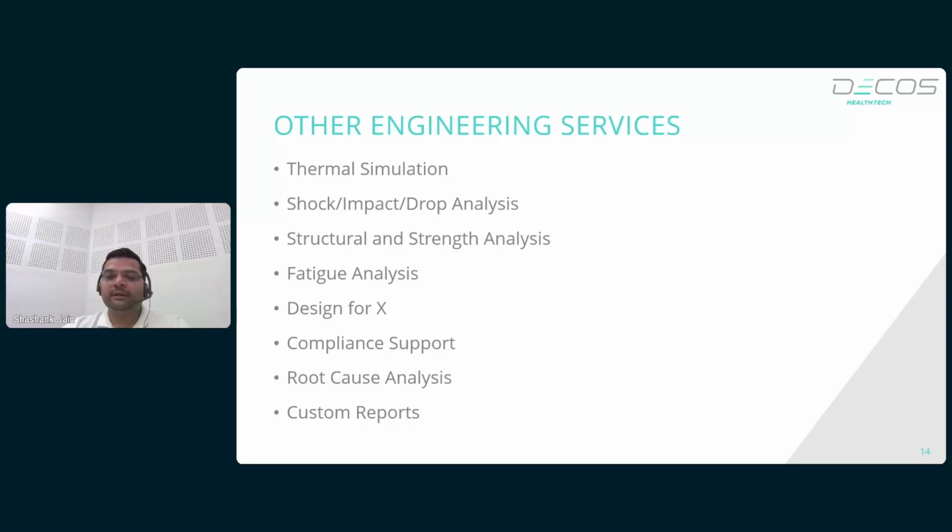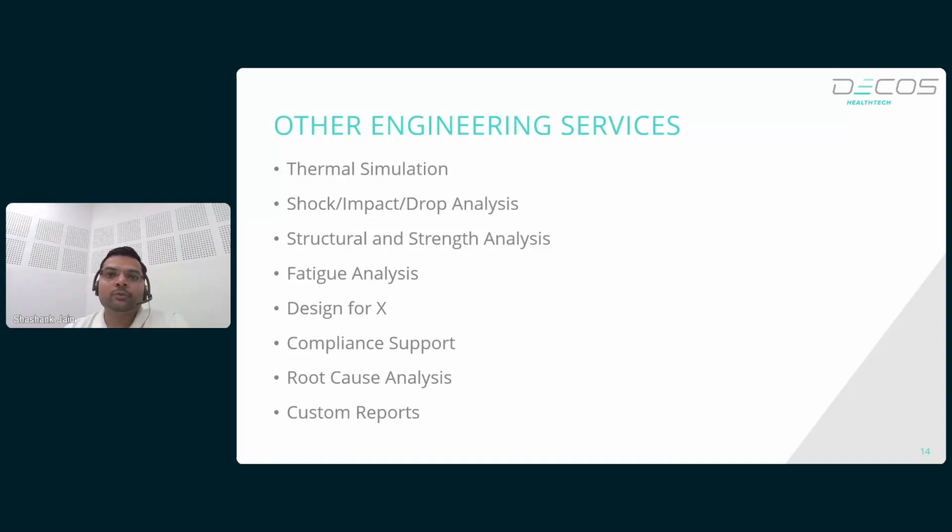Now, before we end, I would like to talk about the areas in which we can collaborate to make better products, like to make the product design and development process much better. Right. Now, apart from customized tools such as Matbot, which I already discussed throughout the session, we also offer services from mechanical simulations, including structural, fatigue analysis, vibration analysis, drop, impact, and shock analysis.